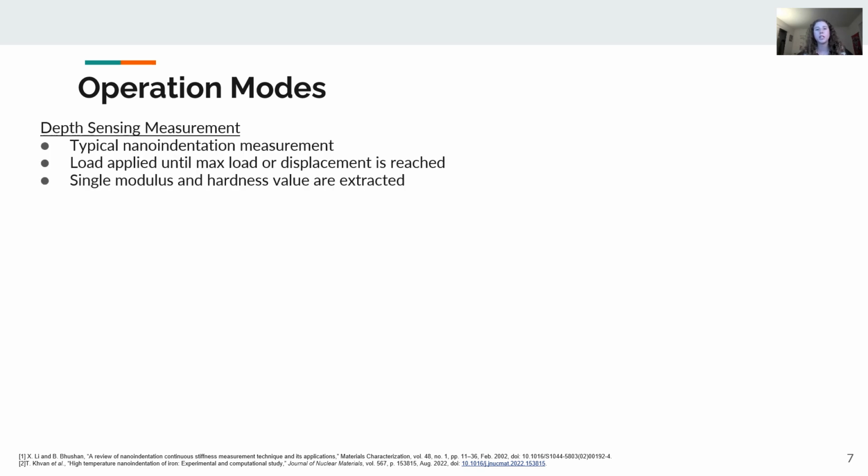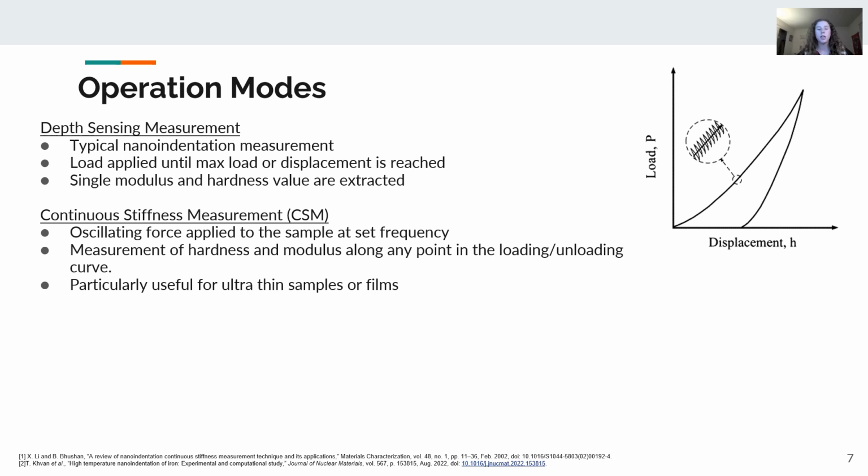So there's two main operation modes that nanoindentation operates in. The first is the depth sensing measurement, and this is your standard nanoindentation measurement where you apply a load to a maximum load or displacement, then unload the curve, and then you get a hardness and modulus value calculated from it. The second, and perhaps this one is used more commonly, is the continuous stiffness mode.